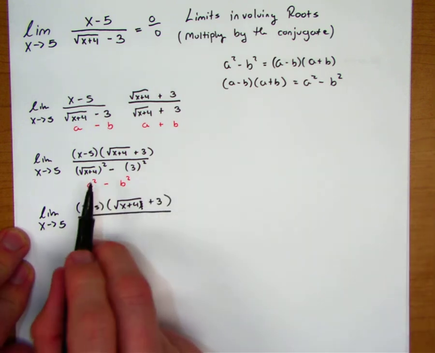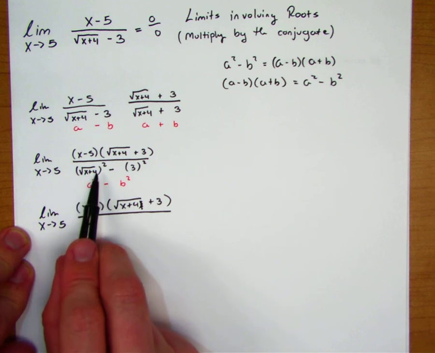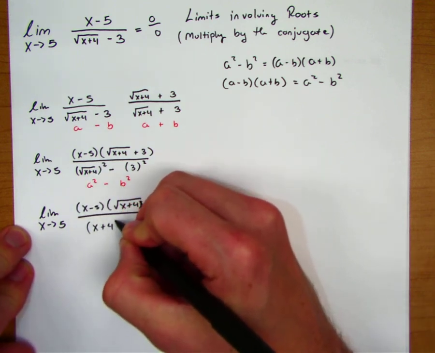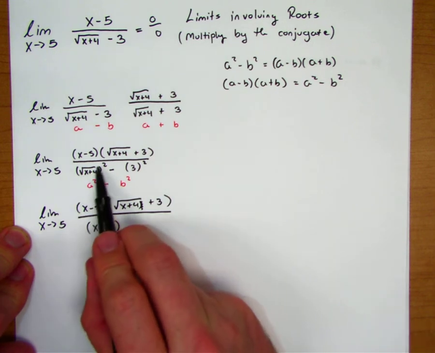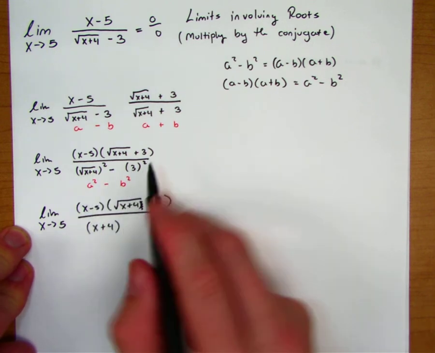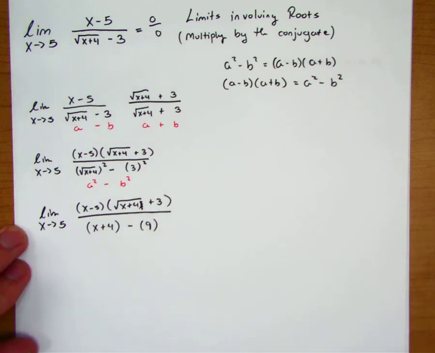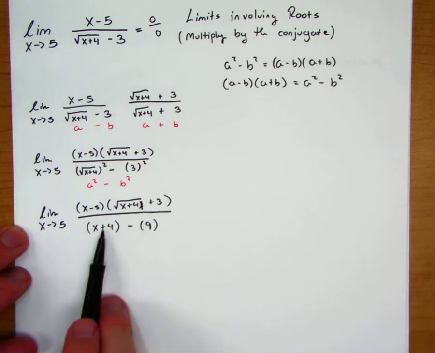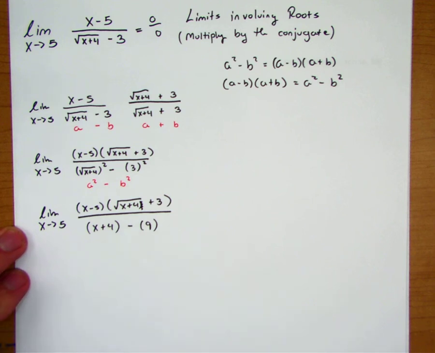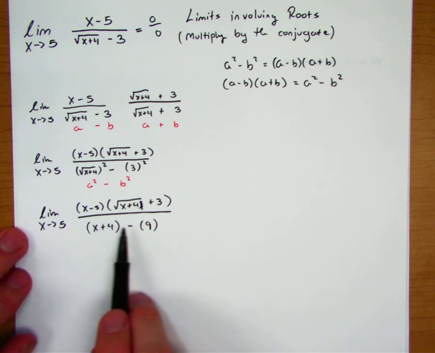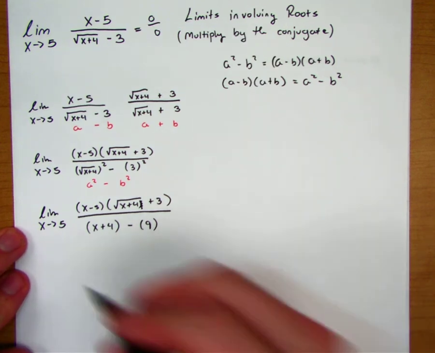Now in the denominator, the square root of x plus 4 squared, that's just x plus 4. The square root and the square cancel each other out. 3 squared is 9, so minus 9. And now we can start to see that down here we may be able to really simplify some stuff. But you might be thinking, why do I have parentheses here? It's always important to put parentheses right after you do something and then decide later if you can take them off.